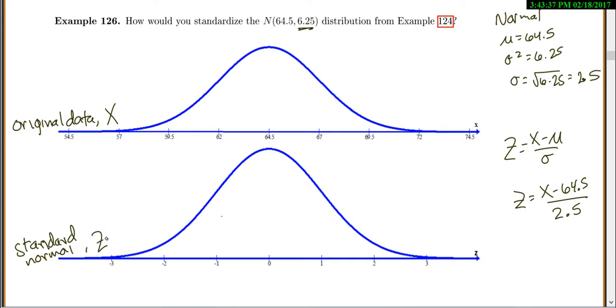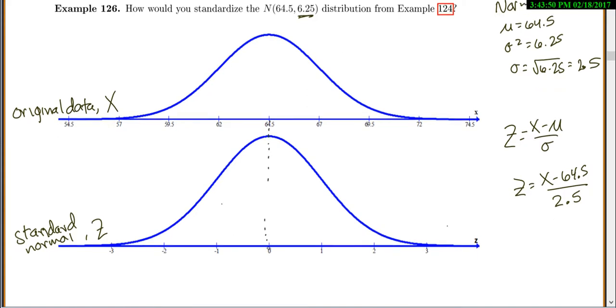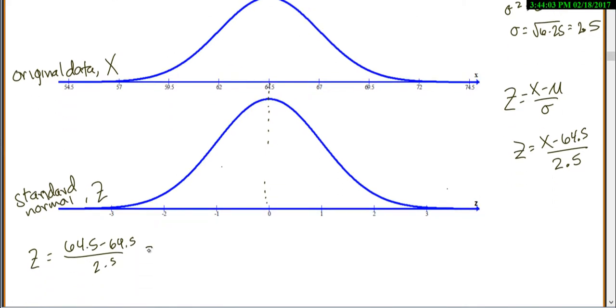You can line these up. This 64.5 was our average, but when you standardize it, what's the new average? The new average would be 0, which you can see if you plug in 64.5 minus 64.5 over 2.5, we get 0.